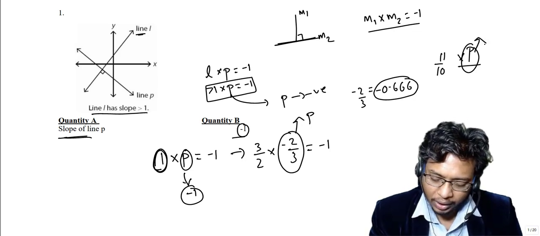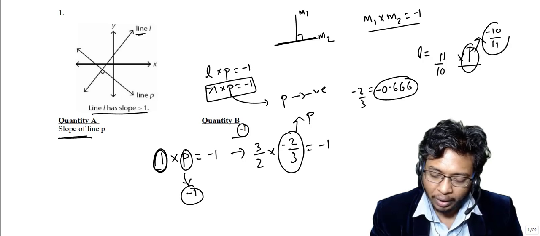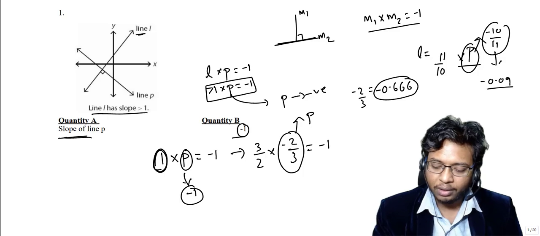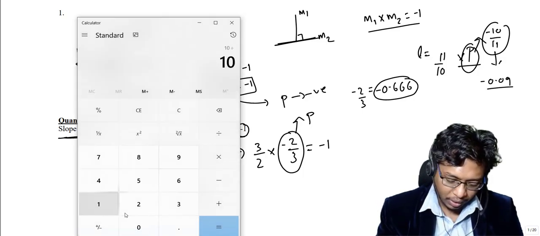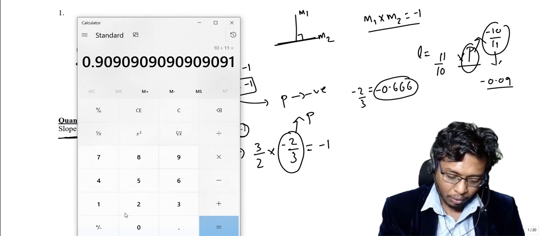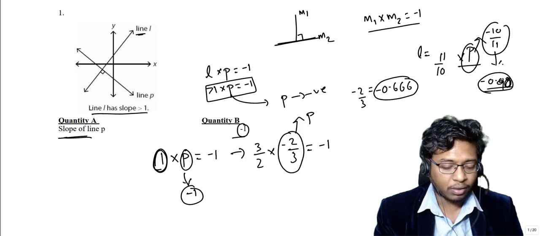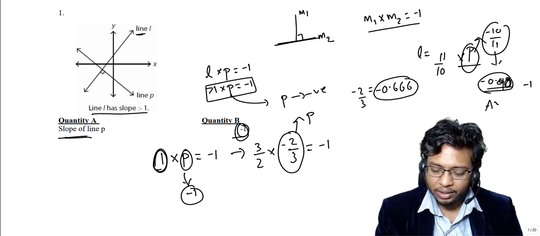So when I take L as 11 by 10, this will be -10 by 11. -10 by 11 means this will be -0.90, okay? Whereas quantity B is -1. That means here quantity A is greater.